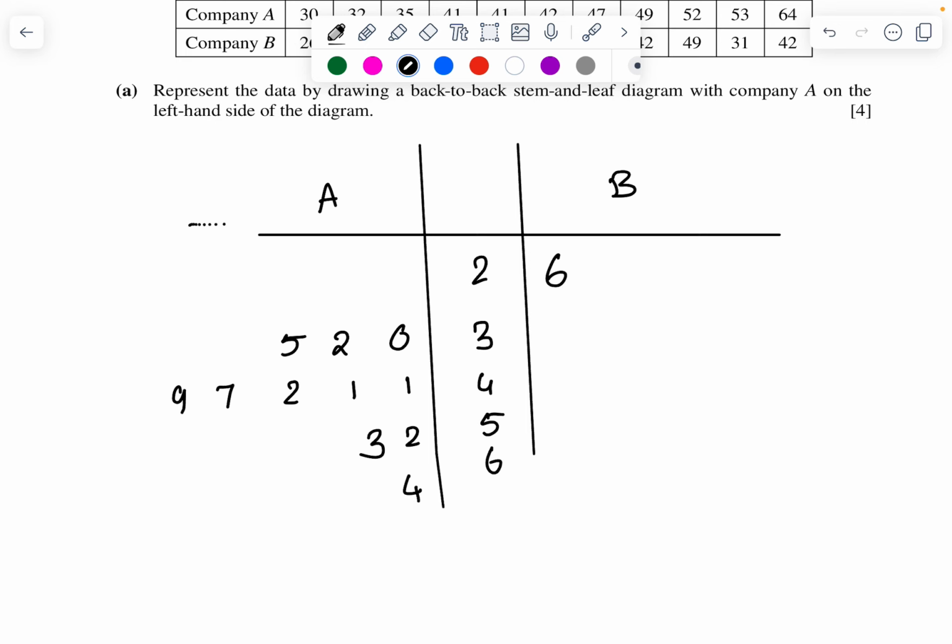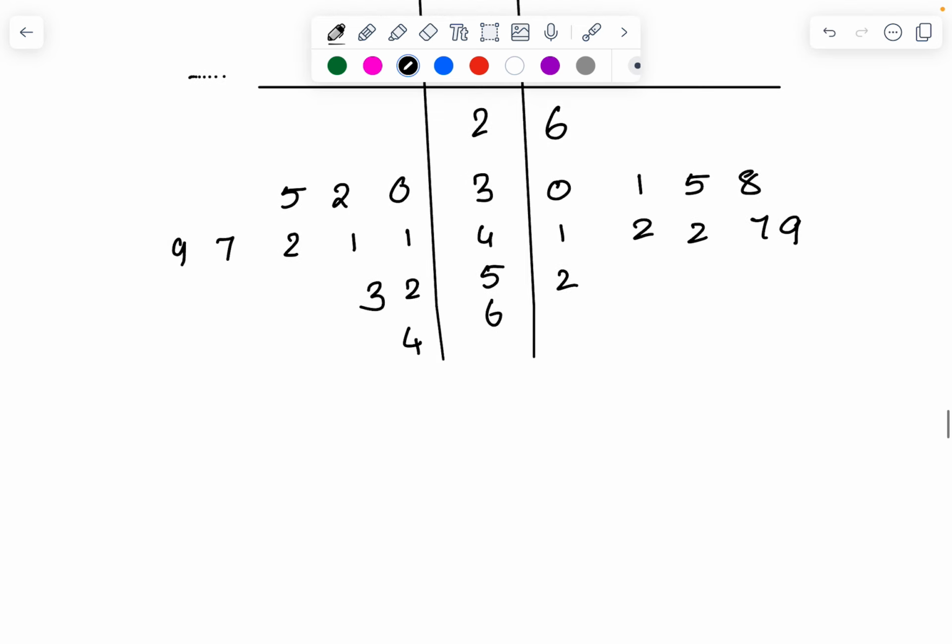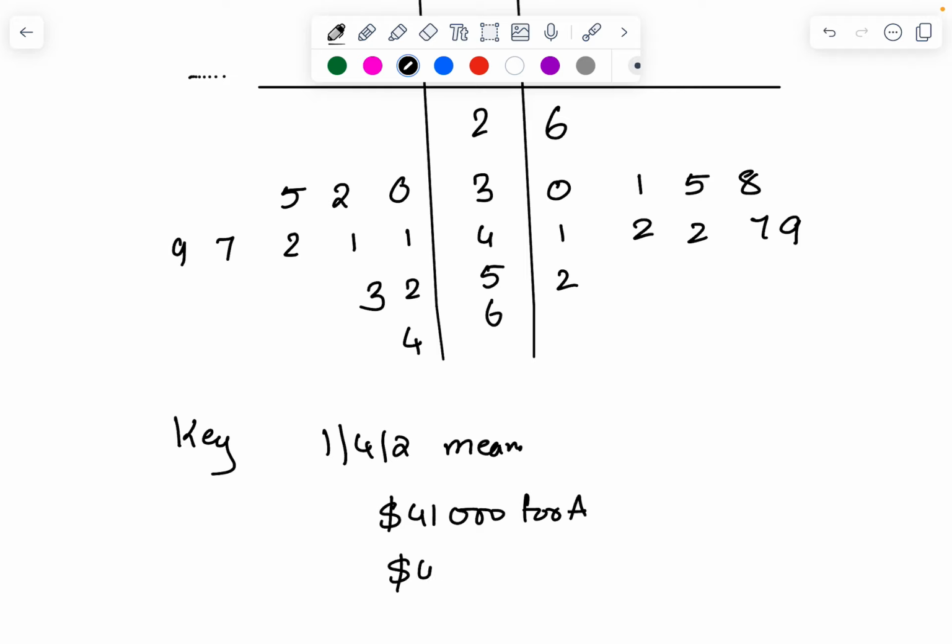Over here it will be 6, 0, 1, 5, 8, 0, then it is 1, 1, 1, 2, 2, 7, 9, and it is 2, and under 6 there is nothing. So don't forget to write the key. 1|4|2 means it is 41,000 for A and 42,000 for B.